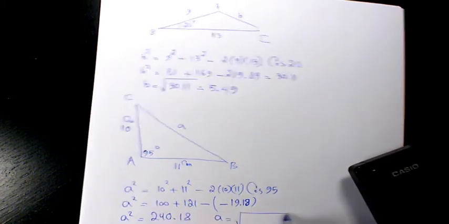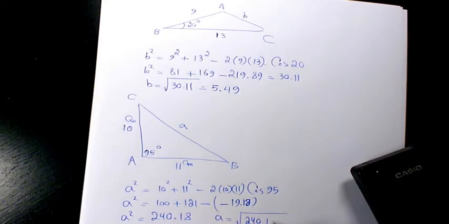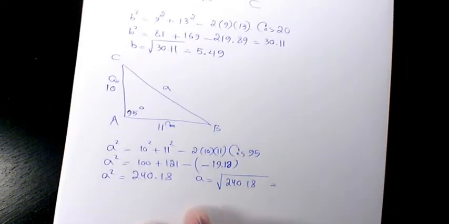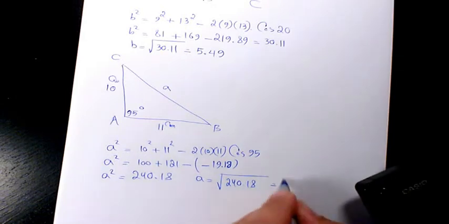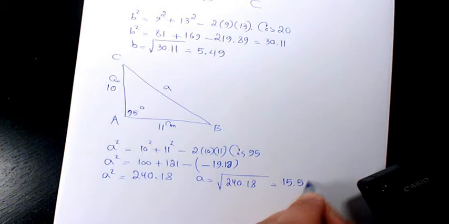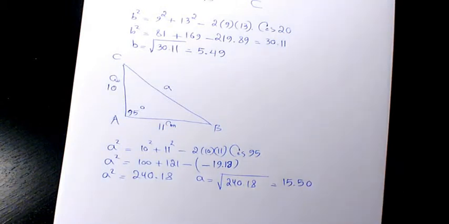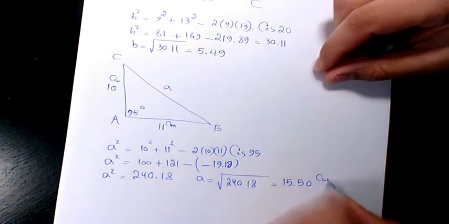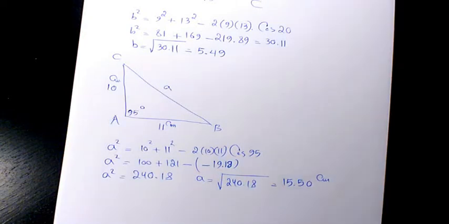So A is going to be square root of 240.18, which will be 15.50, and the unit for that is going to be centimeter. Next example.